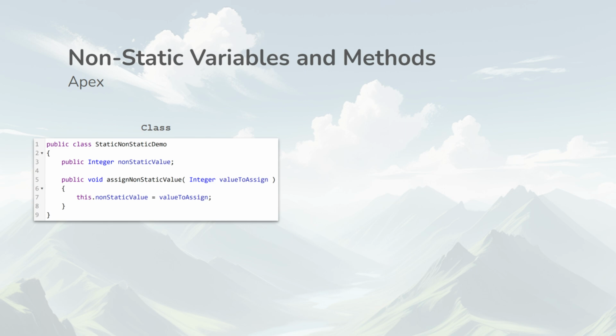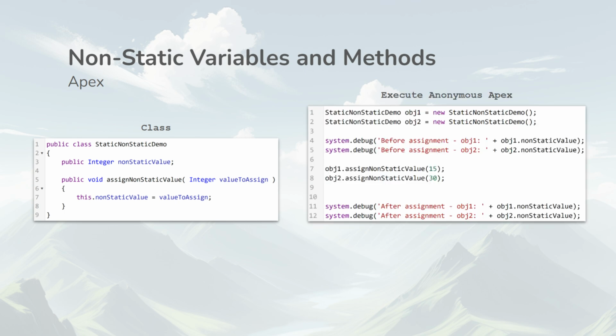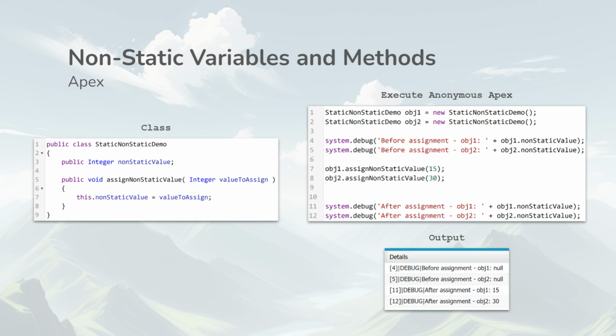Here is an example of the same class StaticNonStaticDemo, in which we have created a non-static variable named nonStaticValue and a non-static method named assignNonStaticValue. Also, here is the code in execute anonymous Apex window to assign a value to the non-static variable and call the non-static method. You will notice that we have created two objects of the class, and using these objects we are accessing the variables and methods.